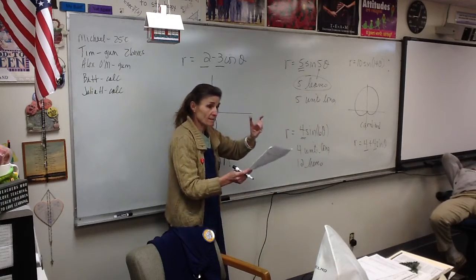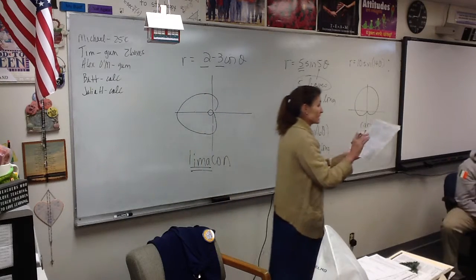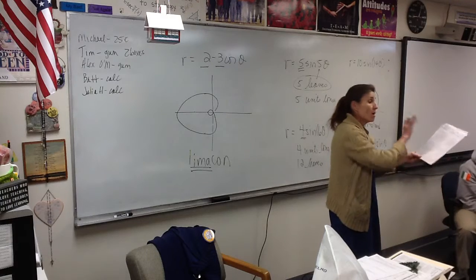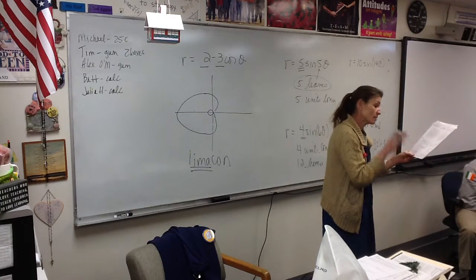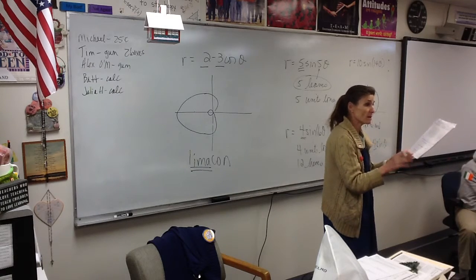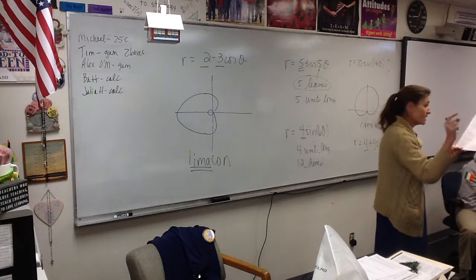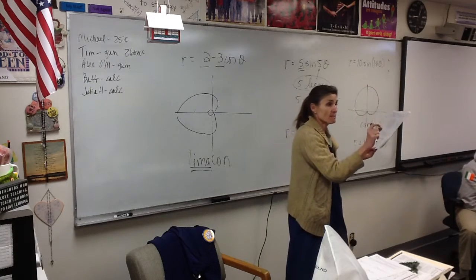Okay, I want to go back to this one more time. When I look at number 6, part 6, on my note sheet, page 52, every single one of those equations is a limacon. Which ones are going to be cardioids? C and D, because C and D have the same number.